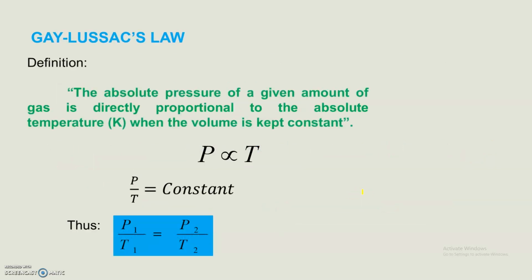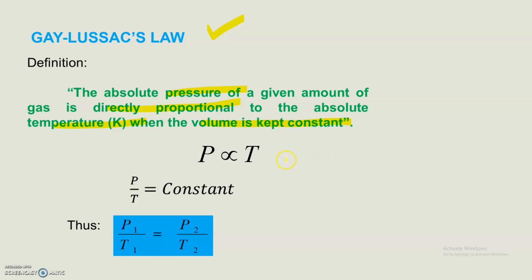Third law is pressure law, or Gay-Lussac law. Gay-Lussac law states that the absolute pressure of a given amount of gas is directly proportional to the absolute temperature of the gas when the volume is kept constant. These laws are also known variously as the pressure law.